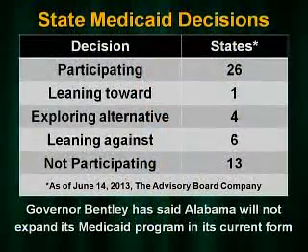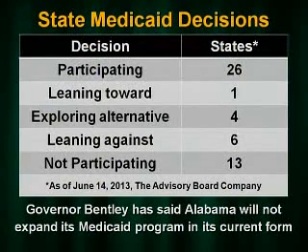So as it stands, there are some 26 states who are participating. These are numbers from the middle of the summer. Some 26 states who were participating in the Medicaid expansion, some 19 states that were not participating or leaning against. But things happen all the time.